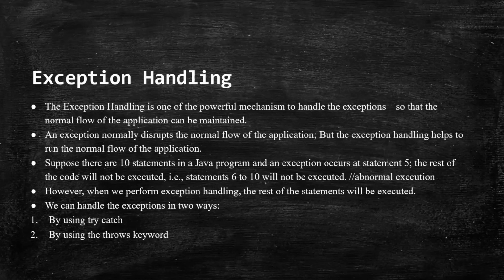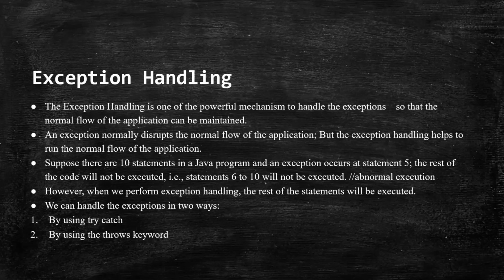Exception handling is one of the powerful mechanisms to handle exceptions so that the normal flow of the application can be maintained. An exception disrupts the flow of the application, but when you handle the exception, the flow is not disrupted. It just shows that an exception occurred and then continues with the rest of the program. Suppose you have 10 statements in a program, and statement number 5 raises an exception.